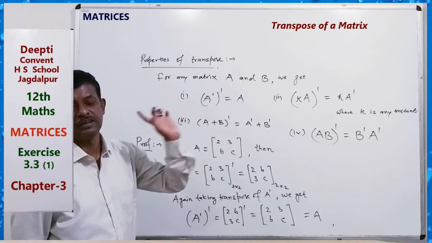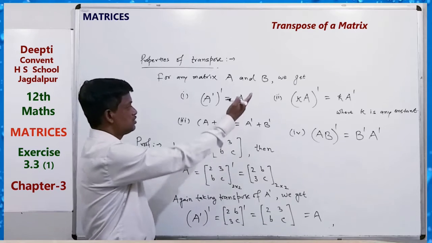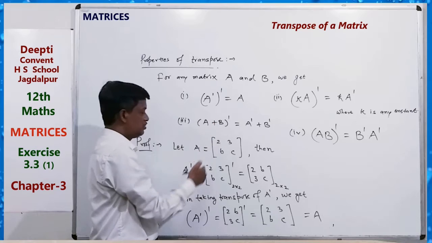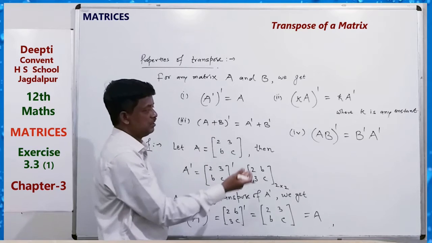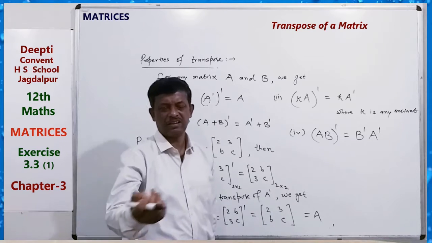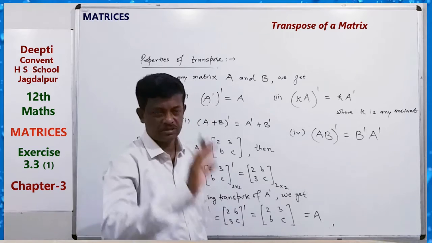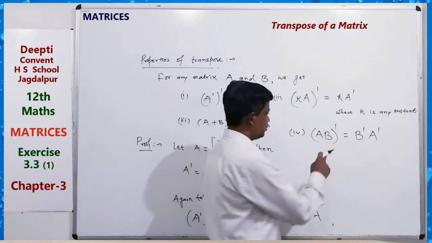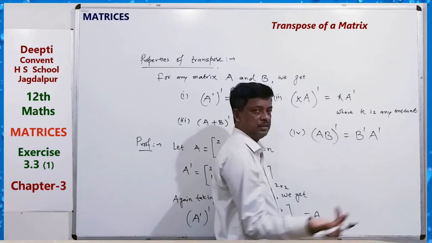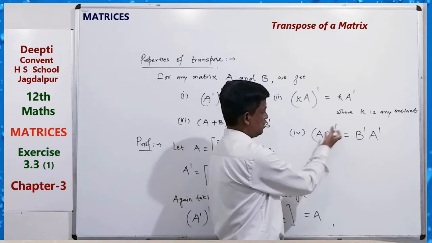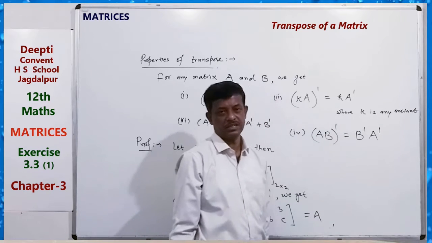It can also be proved by taking two matrices A and B. AB dash, just take any two matrices for which the product is defined, and then we can show that AB dash equals B dash A dash.